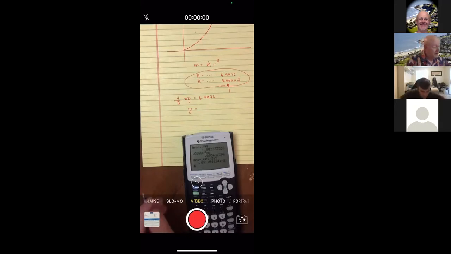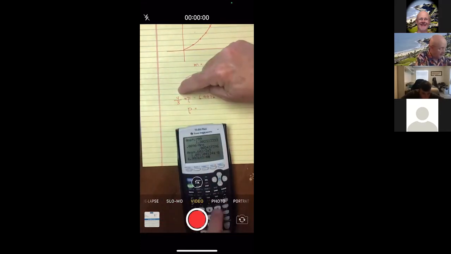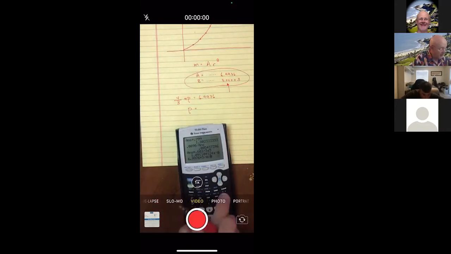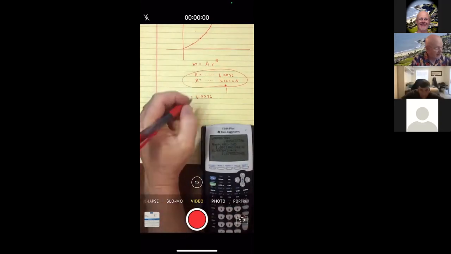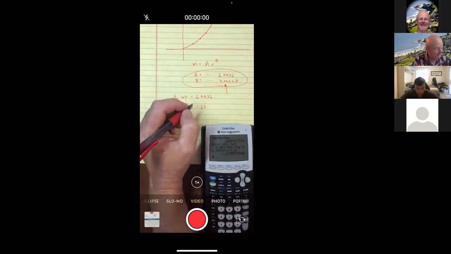Okay, that makes sense. I see. So I'm going to take that number, 6.9976, multiply by 3, divide by 4, divide by pi, and I get a density of 1.67.